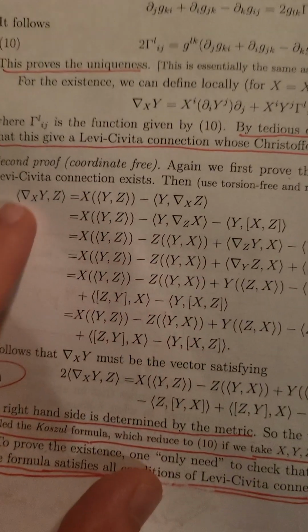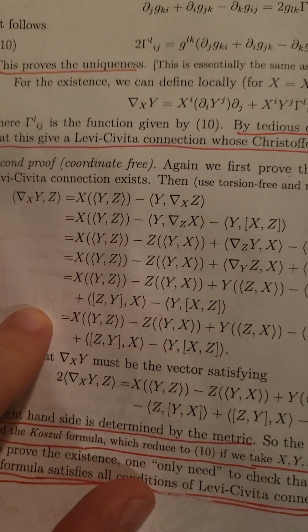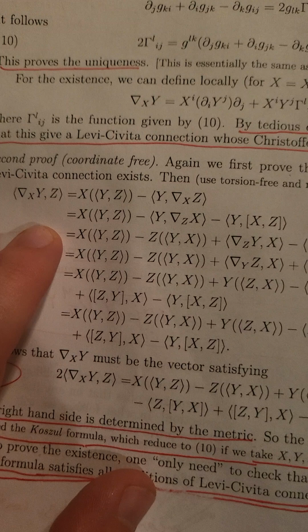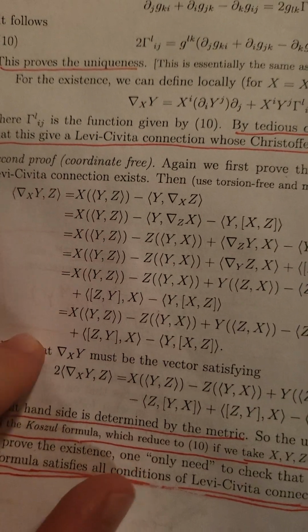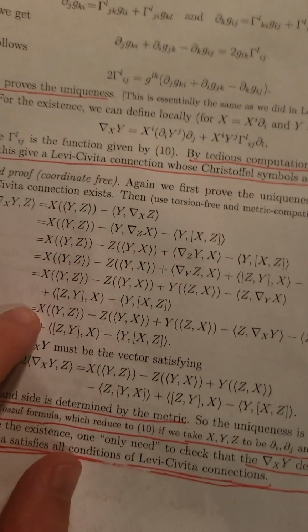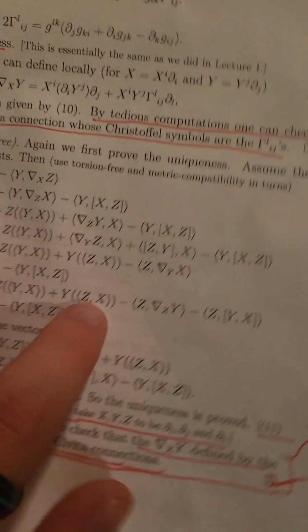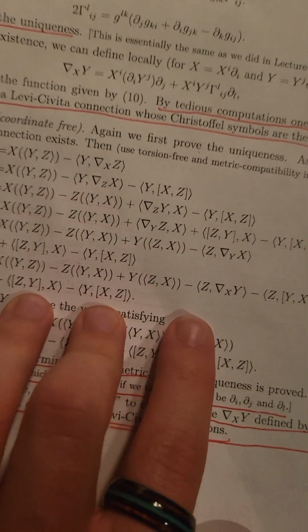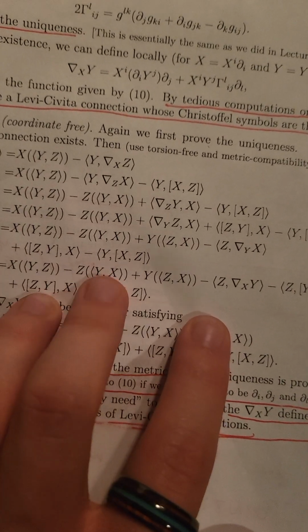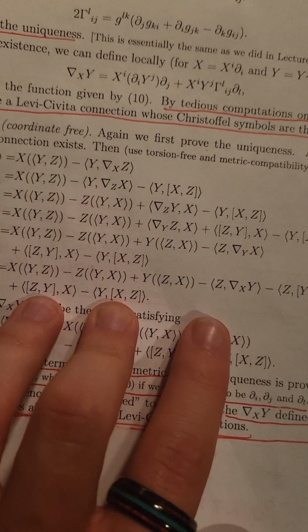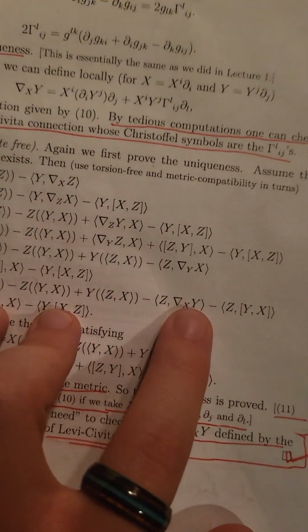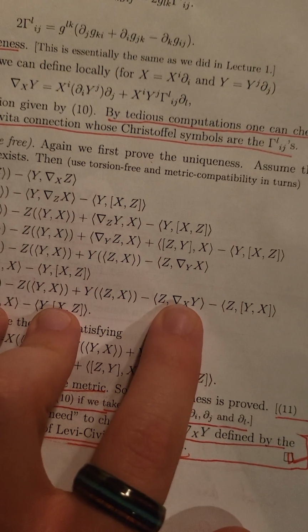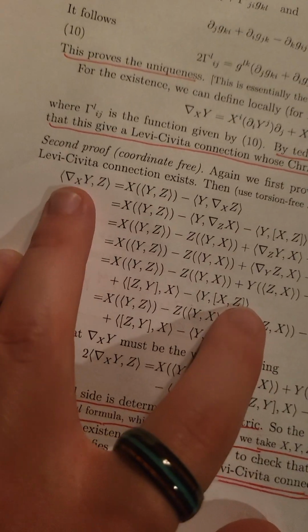If you do this over and over again, there are, like, six lines here, then you can get back to where you started and end up with an expression which contains only inner products and commutators of vector fields, and then one term which gives you the same covariant derivative as what you started with.